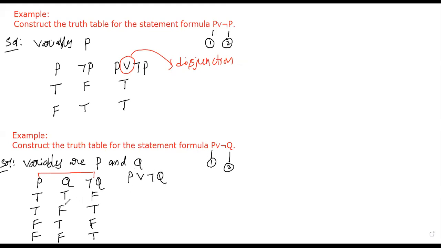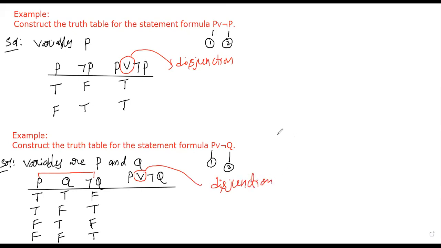If both are false, then the disjunction is false. Yes, you are right, Jaswant. According to the disjunction table, you can write the answer.